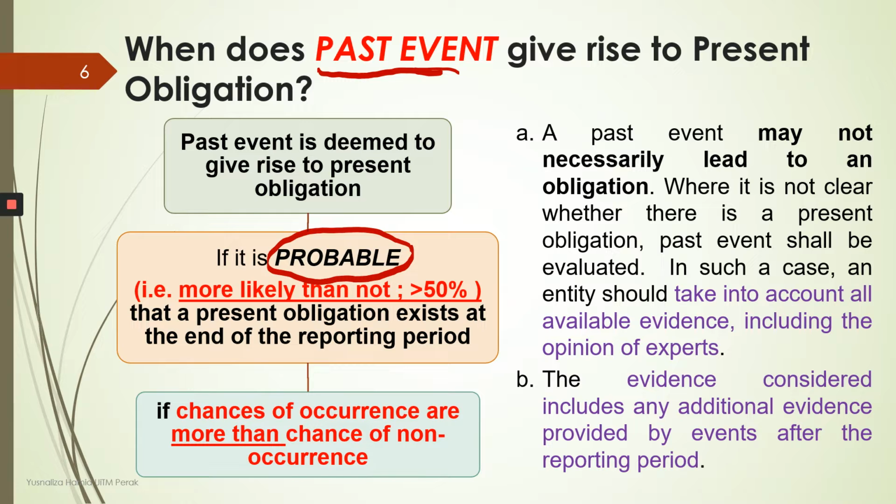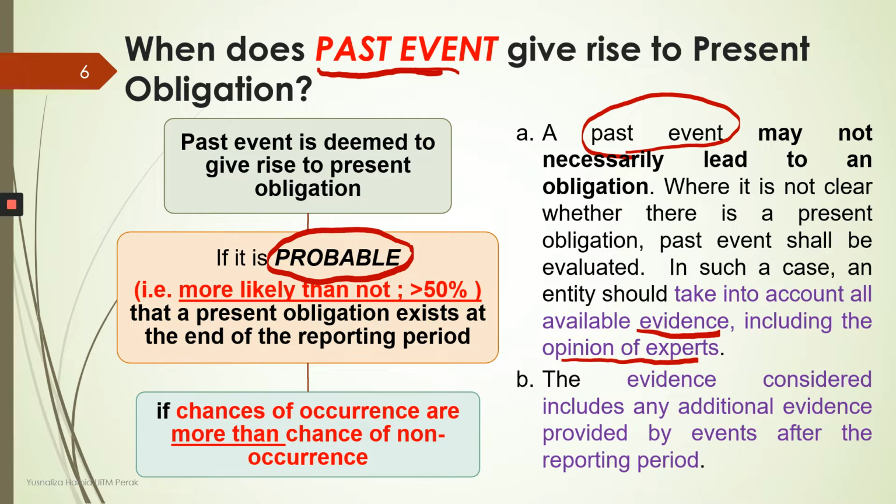However, according to MFRS 137, a past event may not necessarily lead to an obligation. Not all past events will lead to obligation. Normally, you need to take into consideration the evidence and also the opinion of experts. Experts like lawyers, directors, maybe architects, maybe engineers.